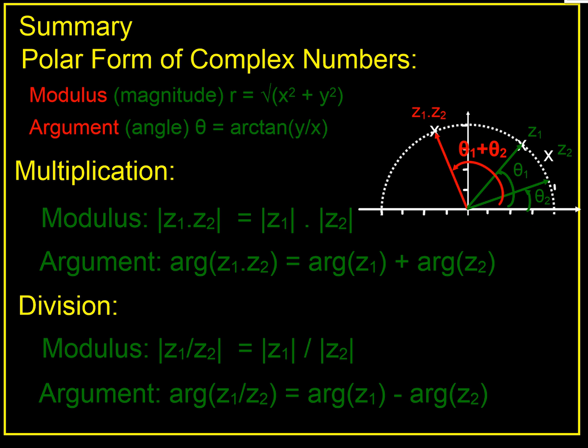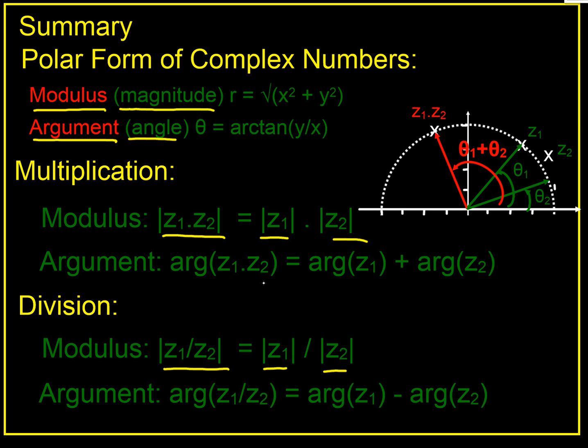So here we are in summary. If we're working in polar form, we need to find the modulus or magnitude of our complex number and the argument or angle of our complex number. If we multiply them together, we find that the moduluses of our two complex numbers are just multiplied, and of course if we do division, they're just one divided by the other.